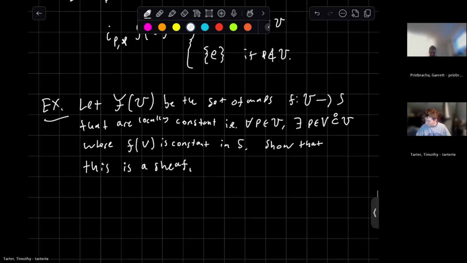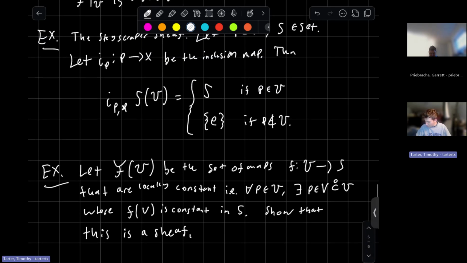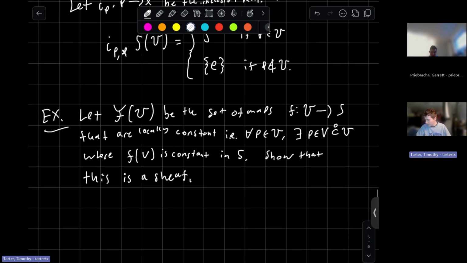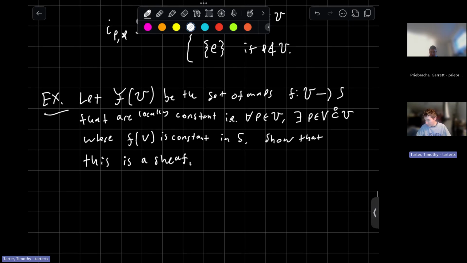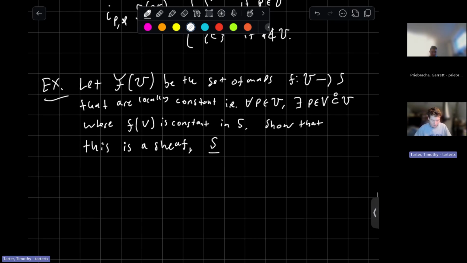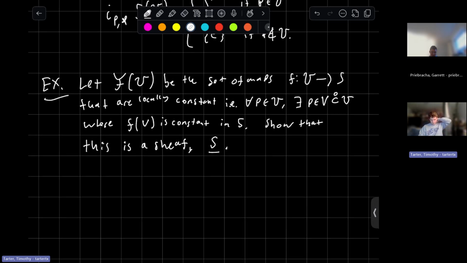This is called the constant sheaf, but we'll probably call it the locally constant sheaf. It's denoted by S with an underbar. It's a very funny notation.